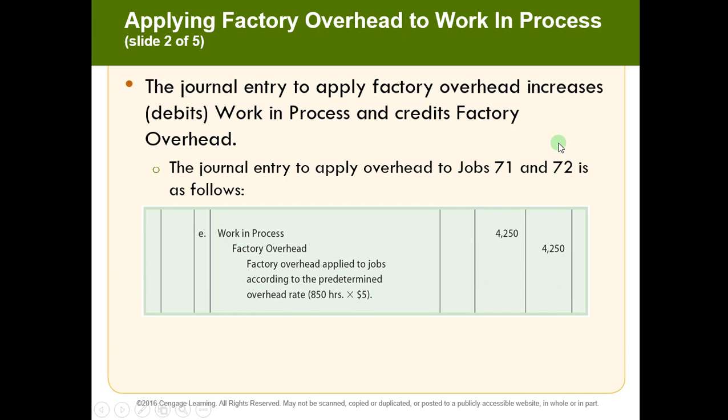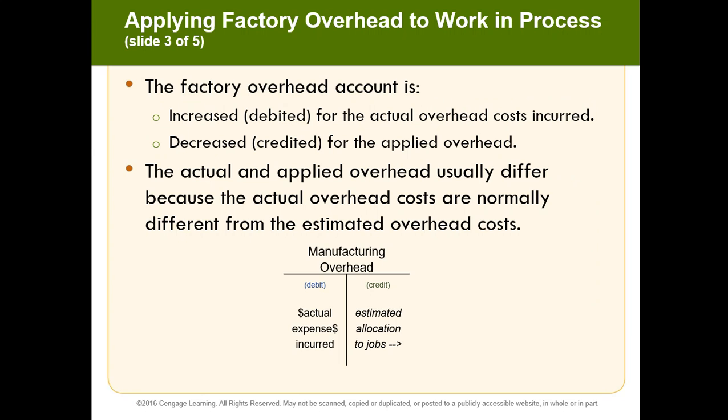That total amount of overhead for those jobs is added to work in process. So our work in process is increased, or debited, when we contribute direct materials, direct labor, and allocate overhead. So there's your journal entry.